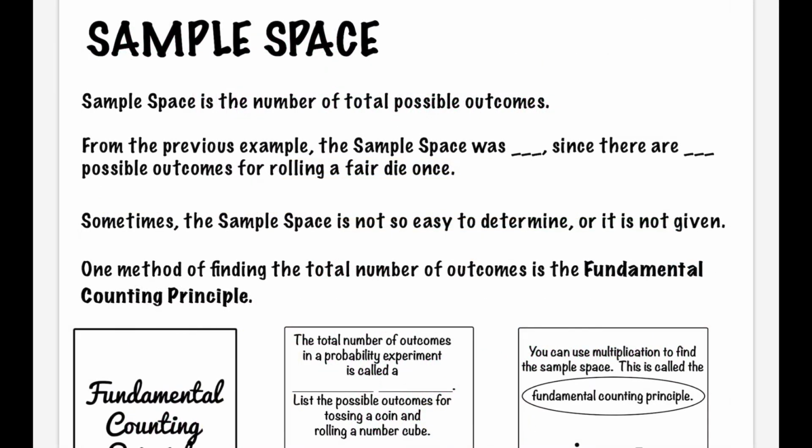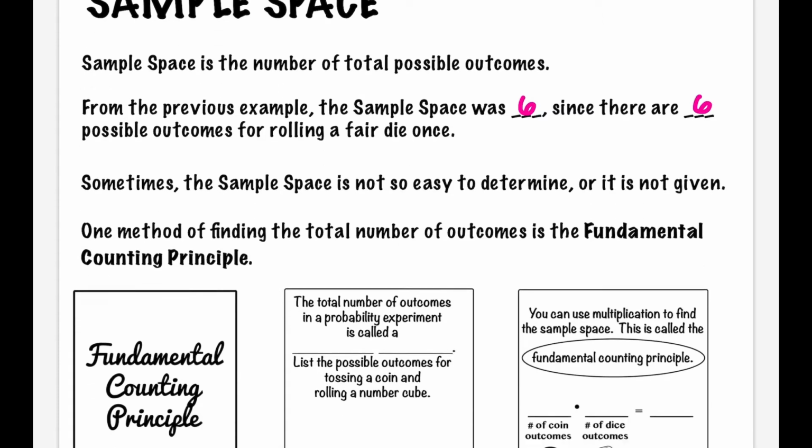All right, let's talk about that 6 a little bit more. The 6, the total number of outcomes, is called the sample space. So from that example, the sample space was 6, since there were 6 possible outcomes for rolling a dice one time. But sometimes it's not that easy to determine, or it isn't given to you. And in this case, we would use a method that's called the fundamental counting principle.